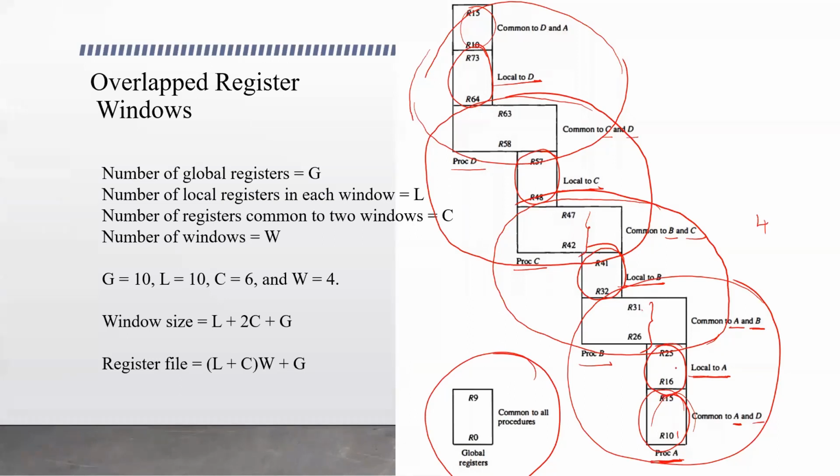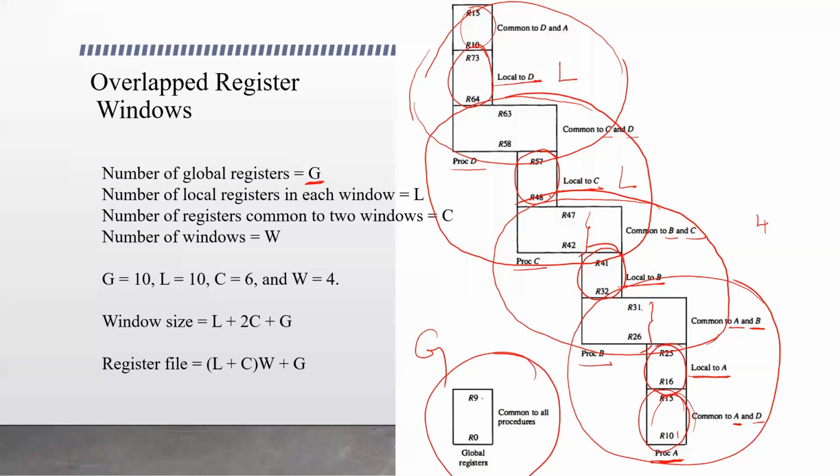And here in this register arrangement, the number of global registers is designated as G. Here we have global registers R0 to R9, denoted as G. The number of local registers in each window is L. There are 4 windows here; the local registers in each window are denoted as L. This is G and these are the local windows.